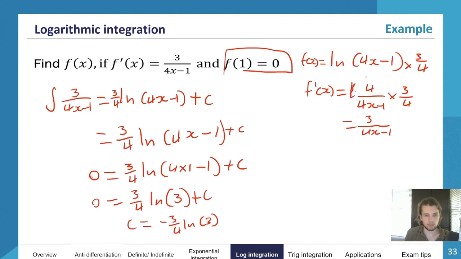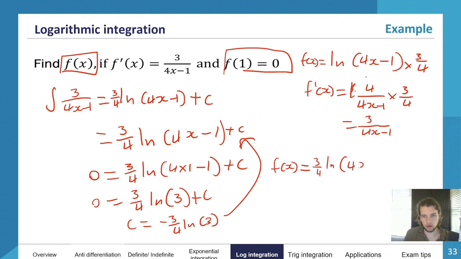So that means we can substitute that into our function, and then we have our final function. In this scenario, it's probably better to write f(x), because that's what it's asking for. It wants you to find f(x). f(x) is equal to 3 over 4 ln(4x minus 1) minus 3 over 4 ln 3.